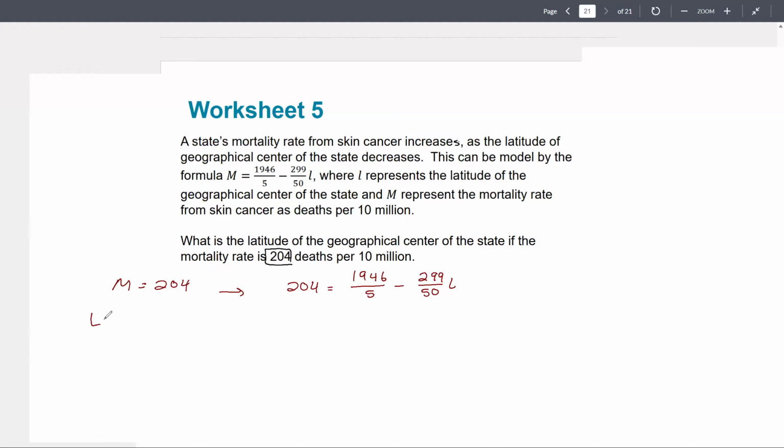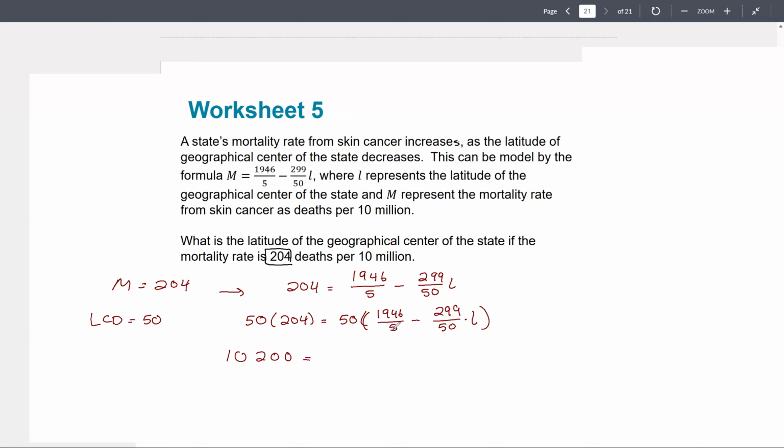So pretty sure that my LCD in this case would just be 50 because both 50 and 5 divide into it. So I just have to multiply both sides of the equation by 50. So 50 times 204 is going to be 10,200.